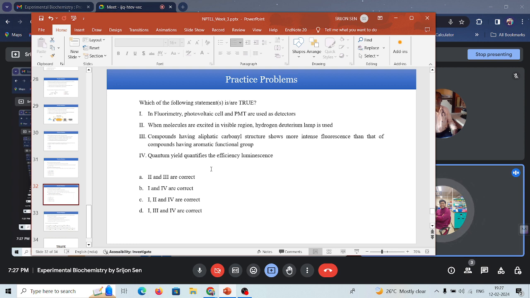When molecules are excited in the visible region, a xenon lamp is used, and compounds having aromatic functional groups show more intense fluorescence than compounds having aliphatic carbonyl groups. So option 3 is incorrect and option 2 is incorrect. So 1 and 4 would be correct. So B is the correct option.